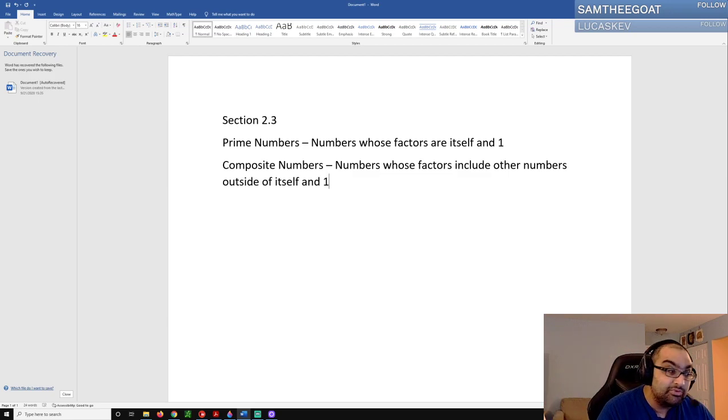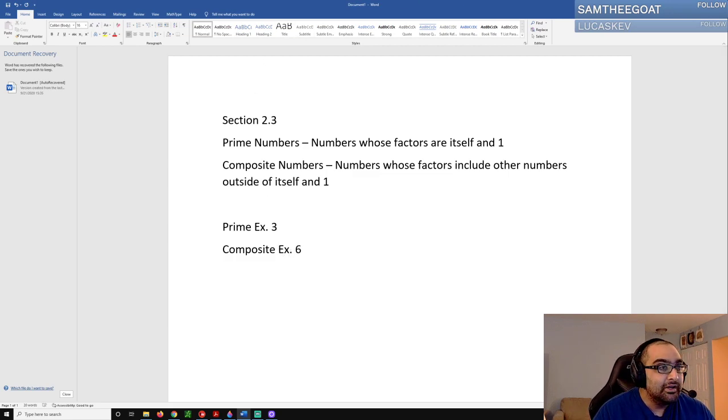That's a fair statement, because only 1 and 3 divide 3. So a prime example here would be 3. A composite would be like 6. 1 and 6, of course, divide 6, but so does 2 and 3. So that would be an example in that case.